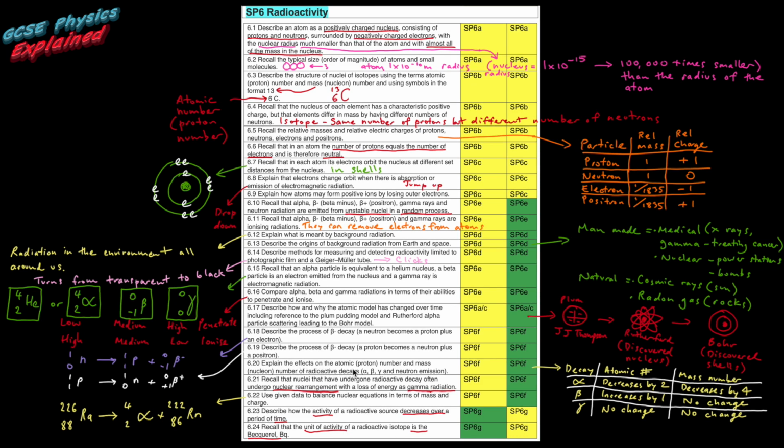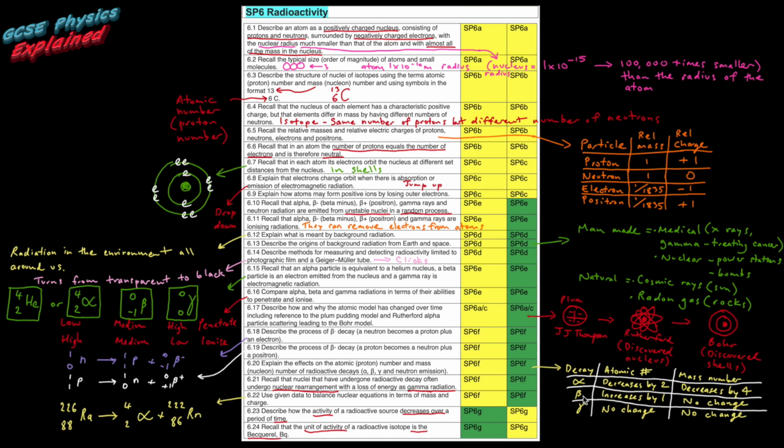Explain the effects on the atomic proton number and mass nucleon number of radioactive decays for alpha, beta, gamma, and neutron emission. So, if a radioactive isotope decays and gives off alpha, the atomic number decreases by 2 because it's dishing out 2 protons, and the mass number decreases by 4 because the mass of an alpha is 4.